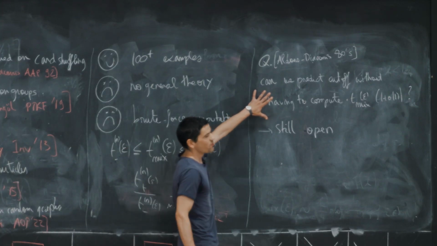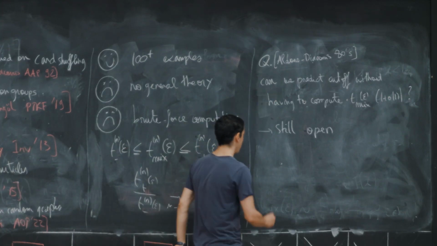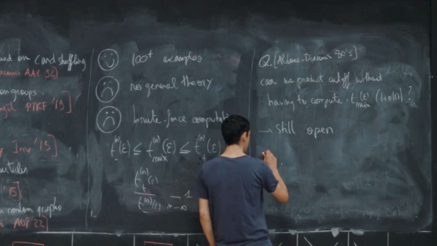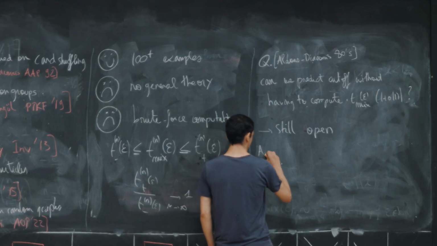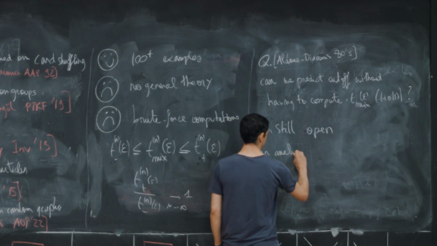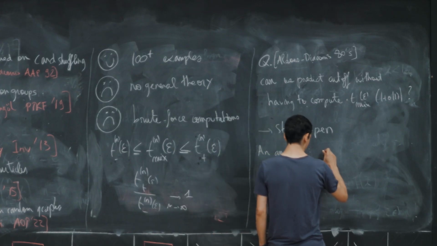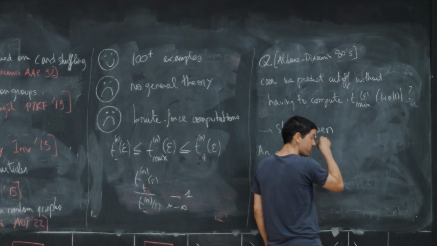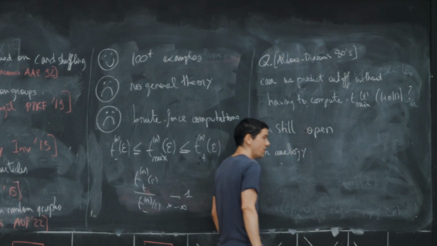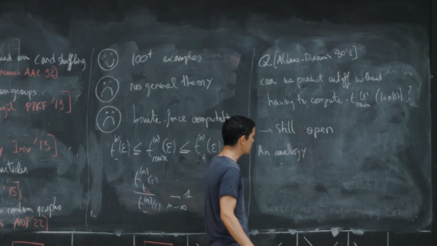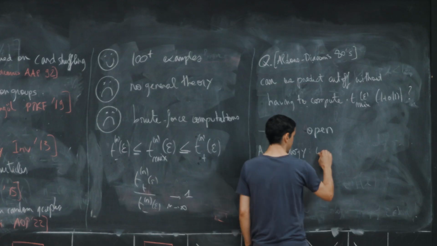Why is this reasonable? Okay. So let me spend some time describing an interesting analogy. So consider another well-known phase transition in probability, nothing to do with Markov chains: it's concentration of measure.